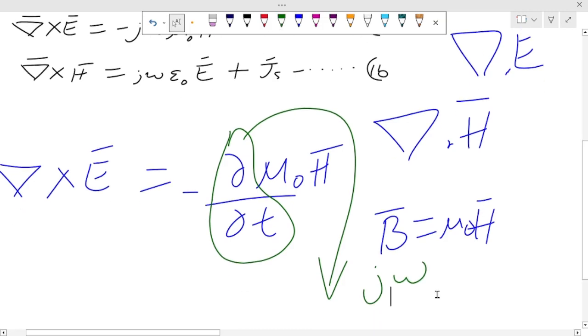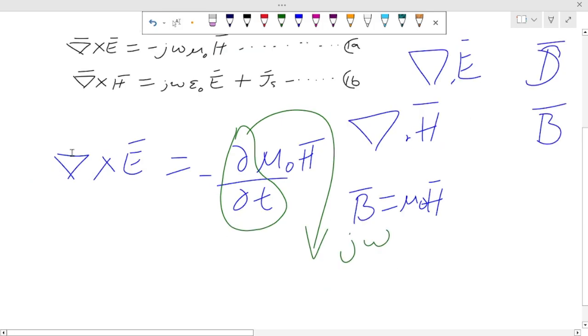So you will now have the minus sign, and the partial t becomes j omega, then the permeability and the magnetic field intensity.